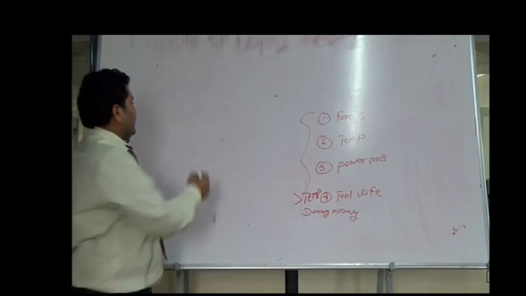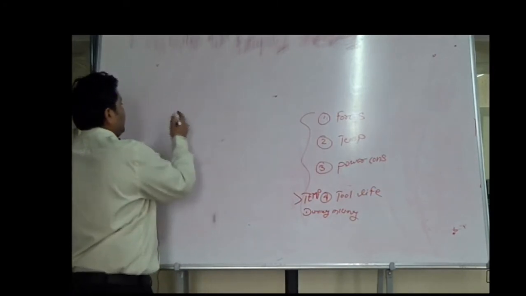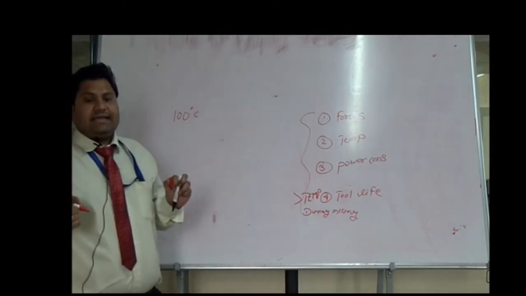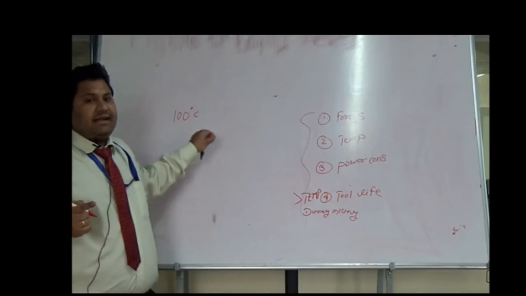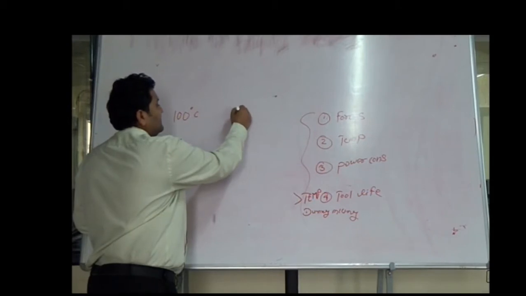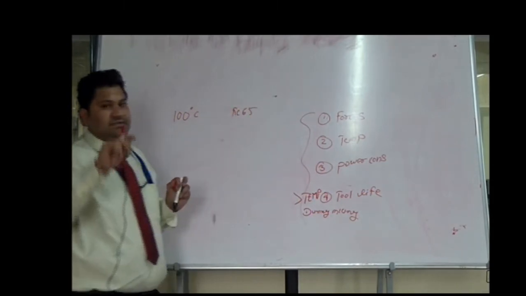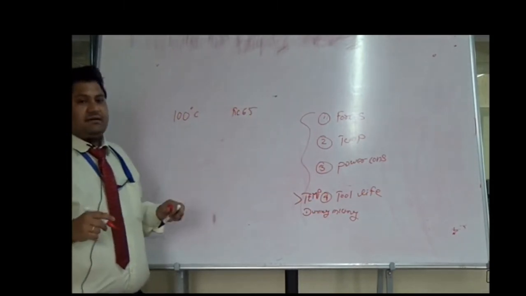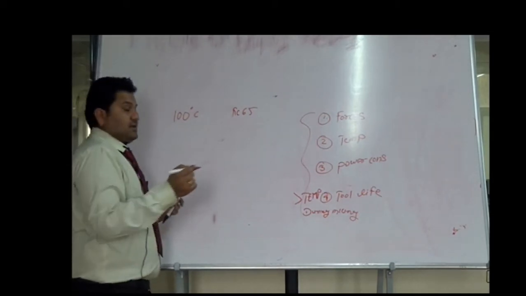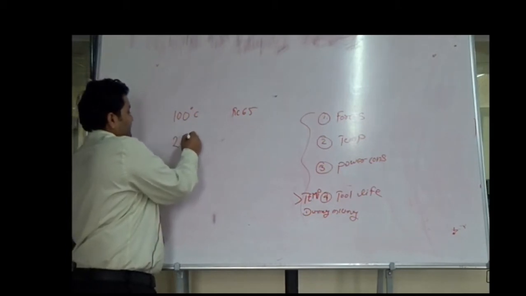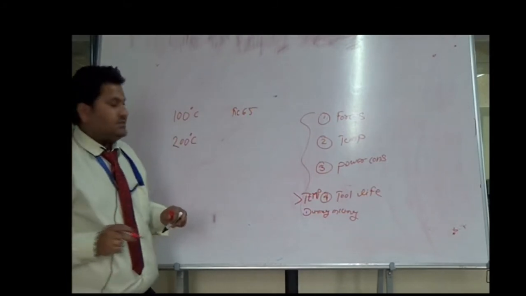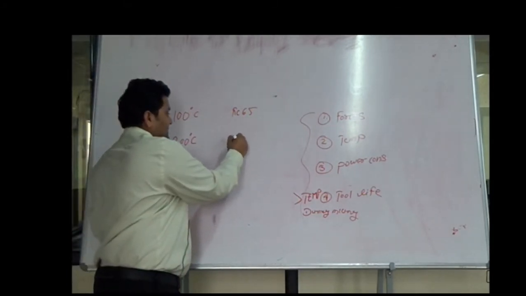Suppose at 100 degrees Celsius, the temperature induced, the hardness of the material is Rc 65. If you increase the temperature during the machining, suppose 200 degrees Celsius, then the hardness of the material is Rc 66.